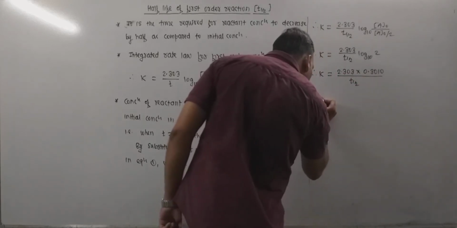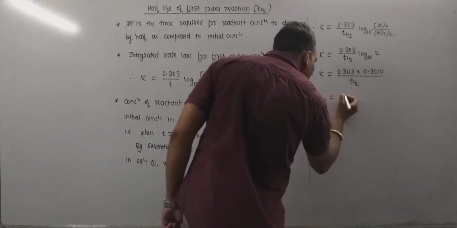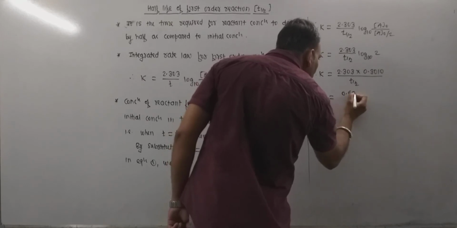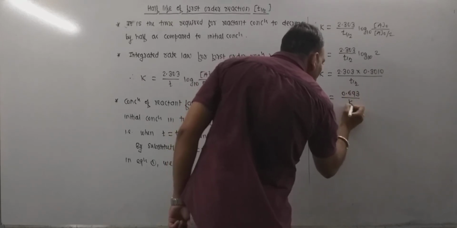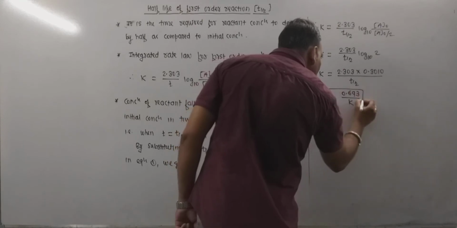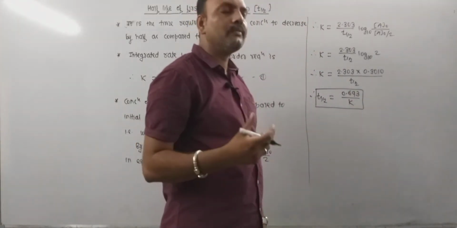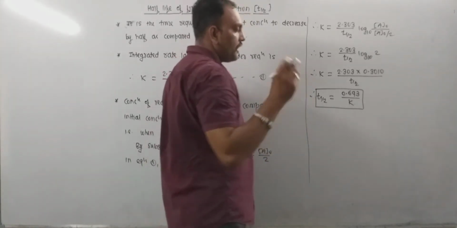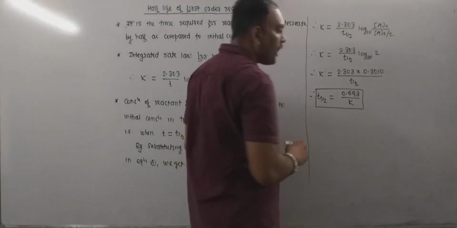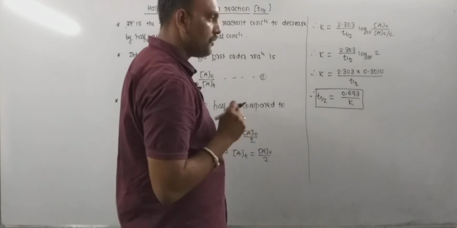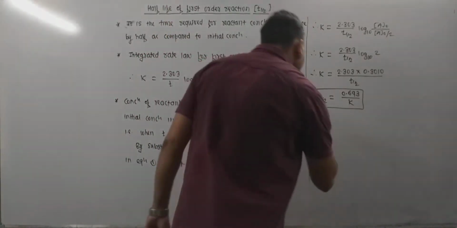So further this can be given as t half is equal to 0.693 upon K. So this is the half-life of the first order reaction, and remember, it is the relation between the rate constant and the half-life of the reaction as well. That is a very important thing.